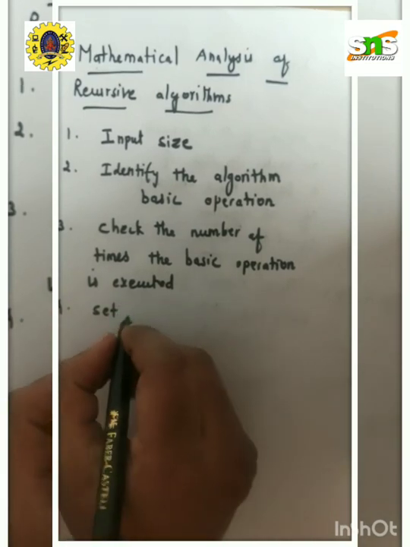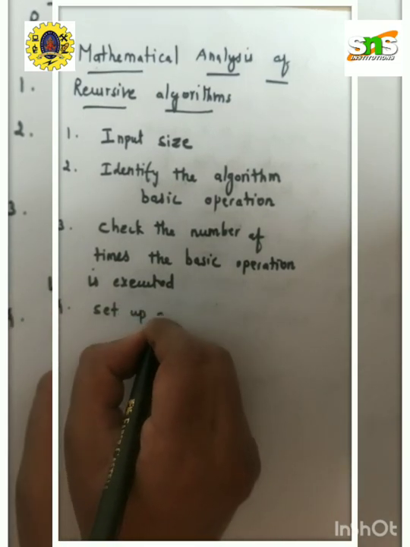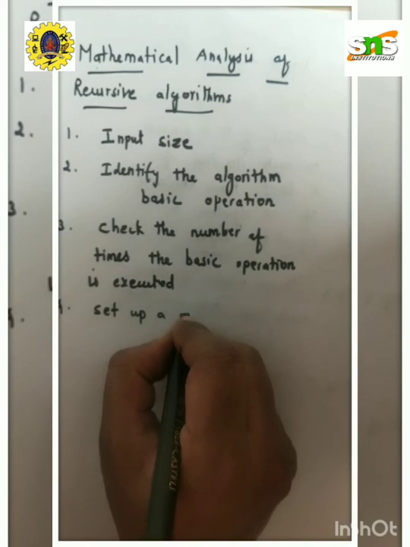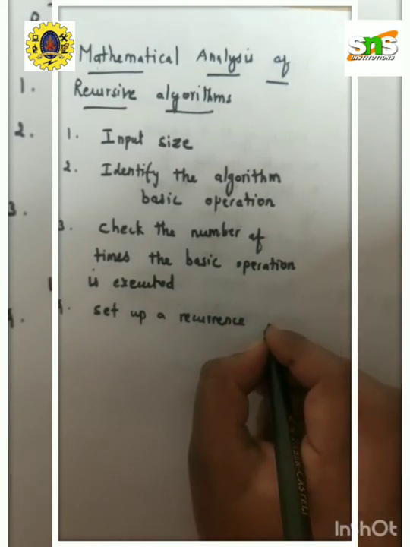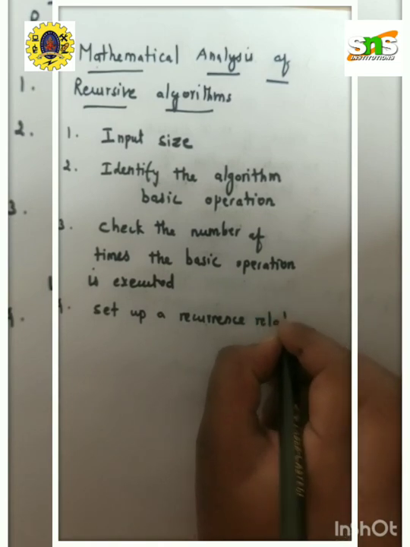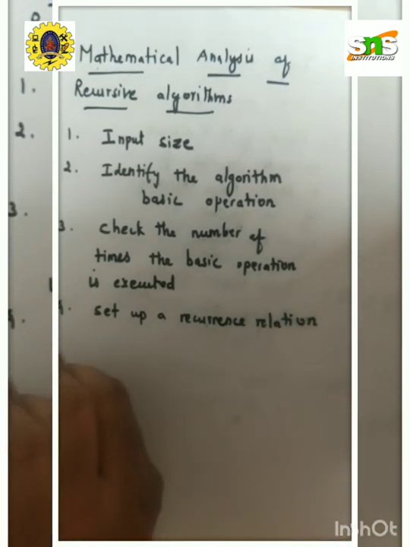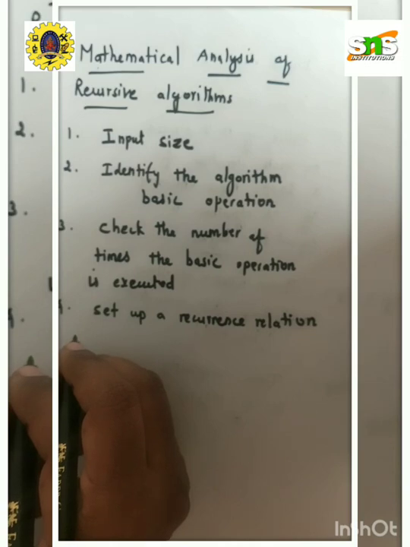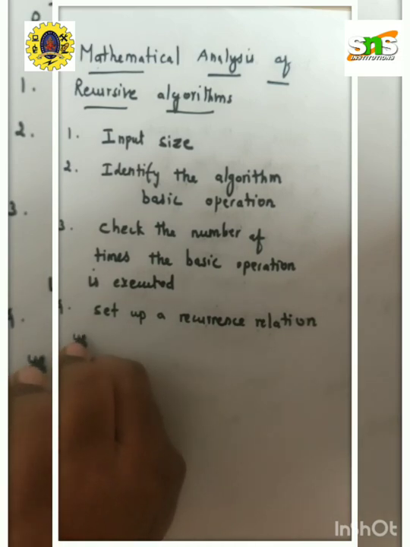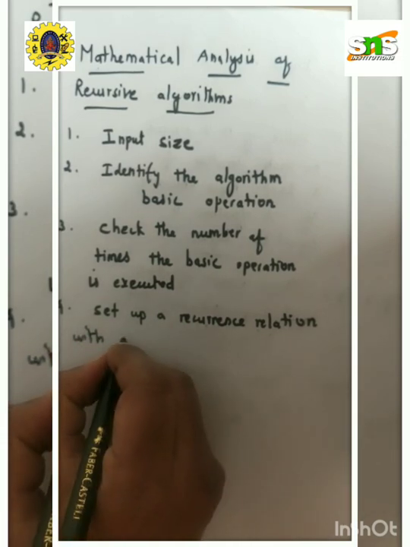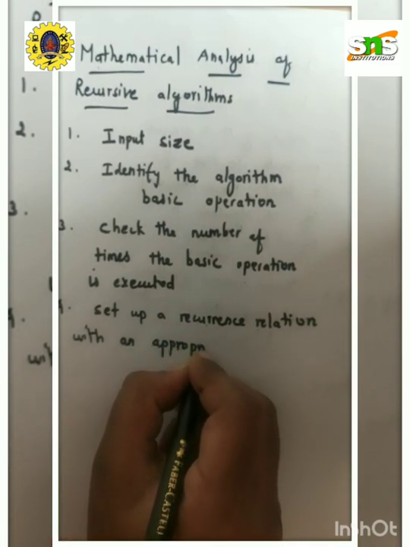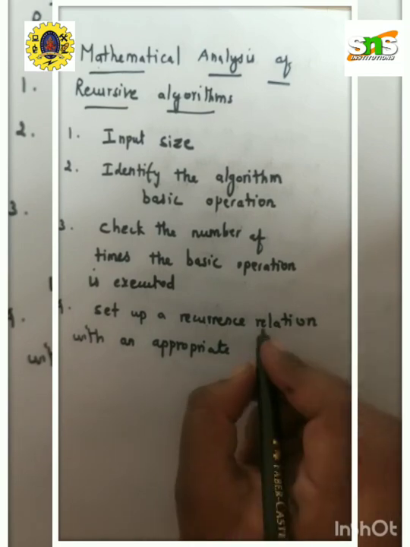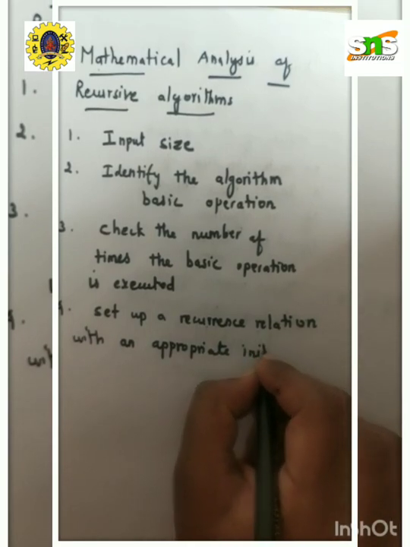Fourth one is set up a recurrence relation with an appropriate initial condition.